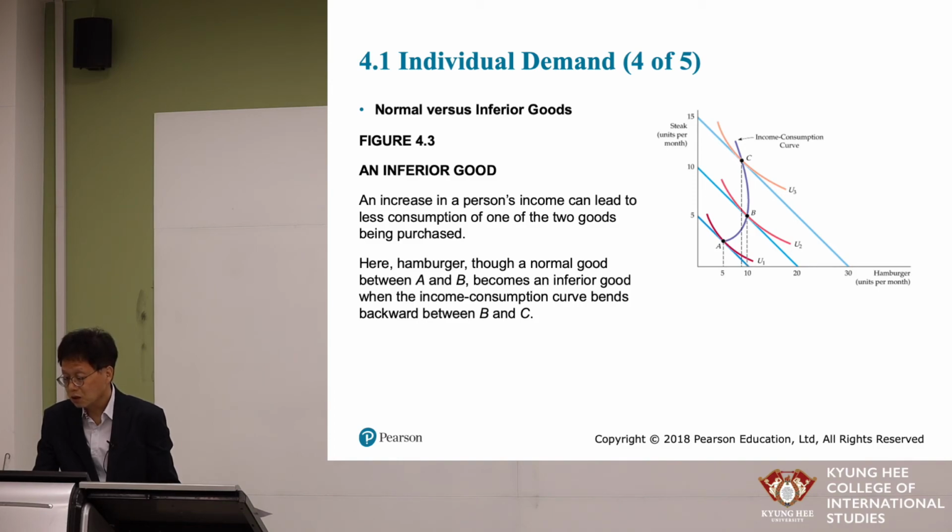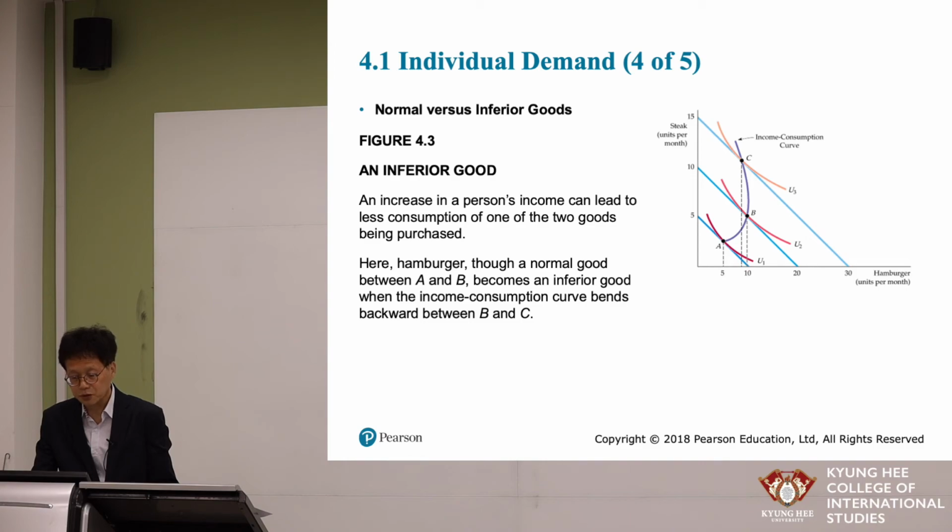Also, sometimes steak is an inferior good or a normal good when you're moving B to C. When we move B to C, your income increases from this one to this one. Consumption of steak increases when you move B to C, right? So steak is a normal good. Income increases, steak increases. But when you move B to C, hamburger is an inferior good.